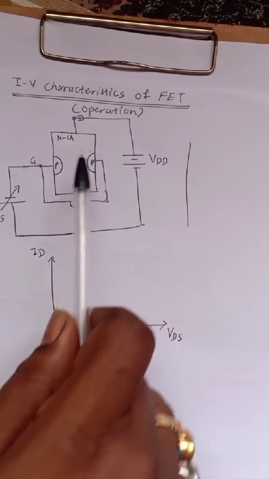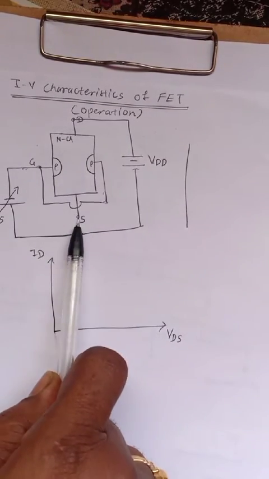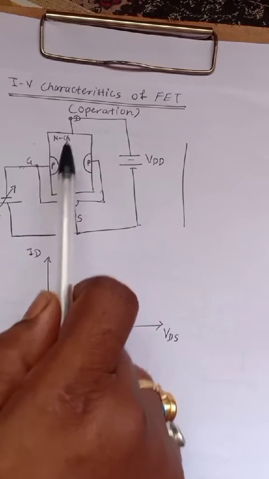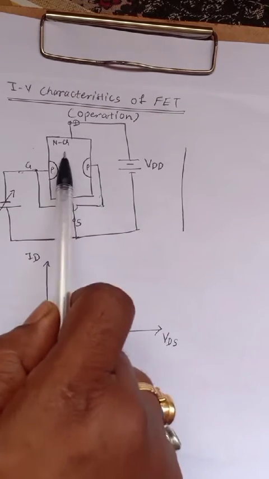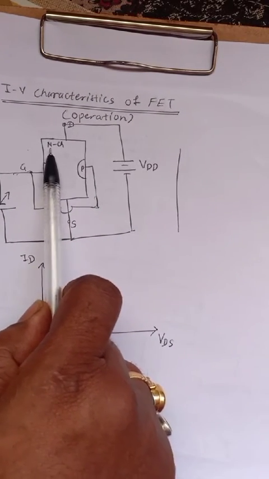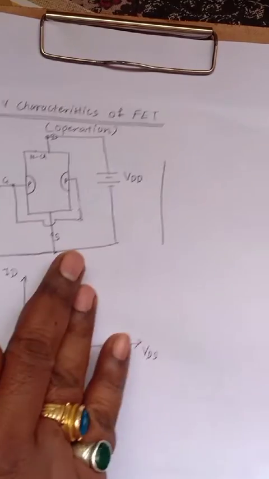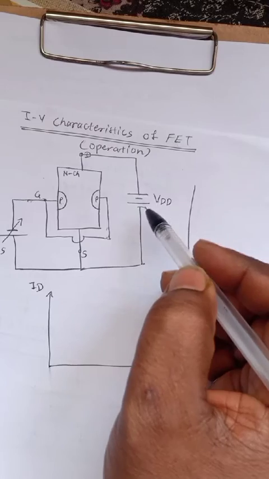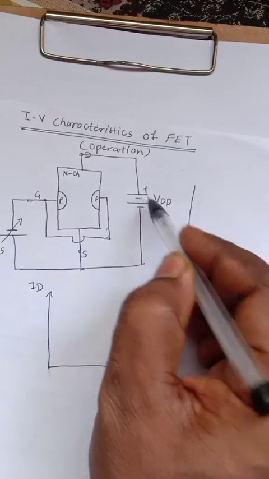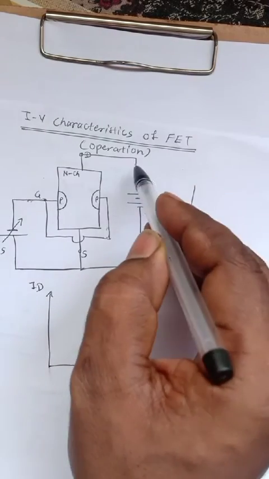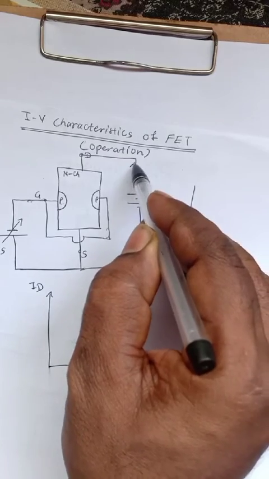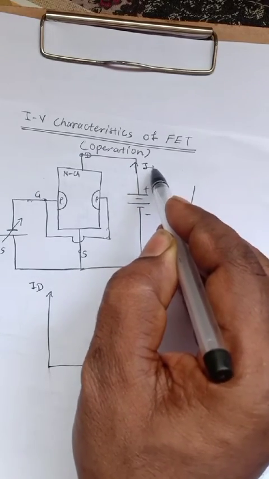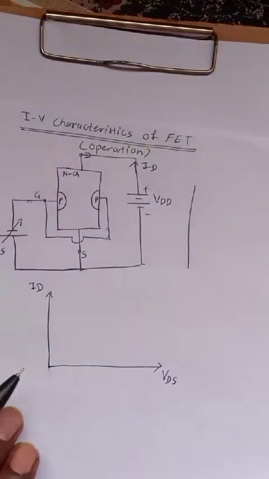So between drain and source there is only a simple n channel semiconductor. Now we are going to vary this VDD from 0 to maximum, and observe the current flowing through this FET.